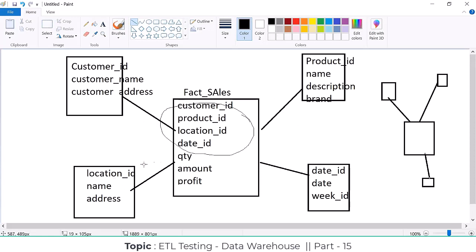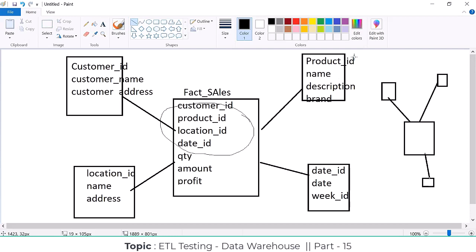For example, I want to retrieve the data for a particular brand, on a location, a particular store, on a weekly basis. What are the sales that happened for that particular brand in a particular week? What are you going to do, guys?